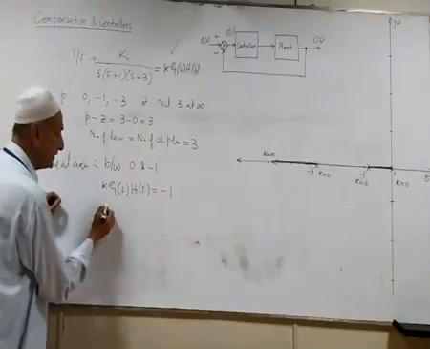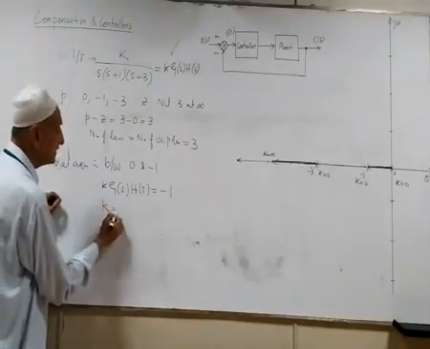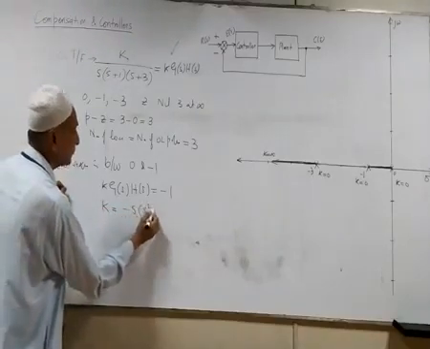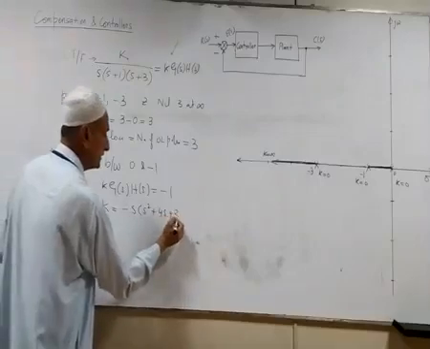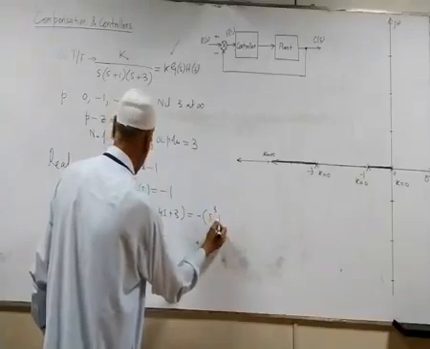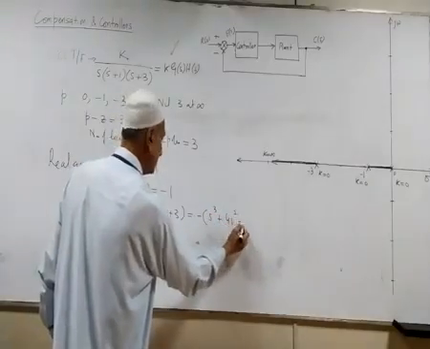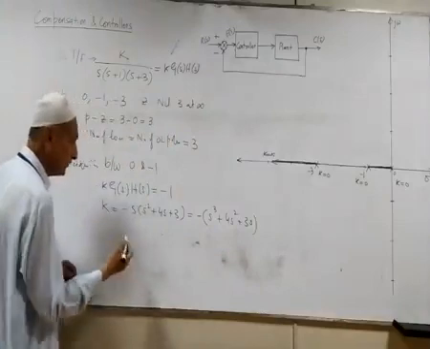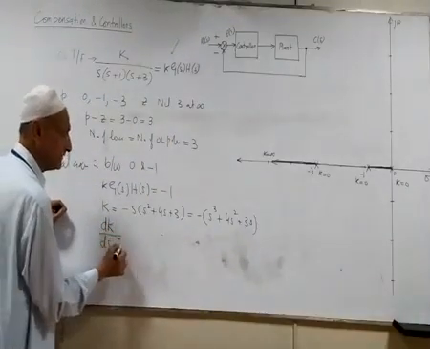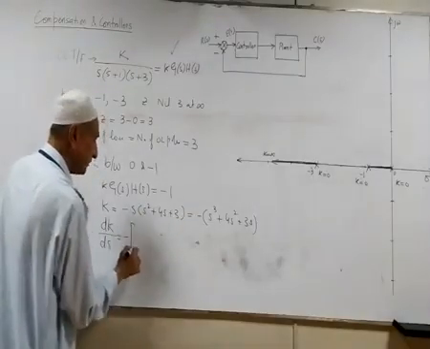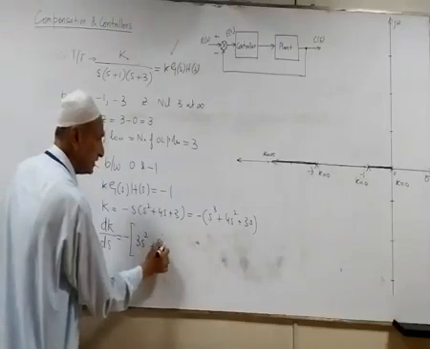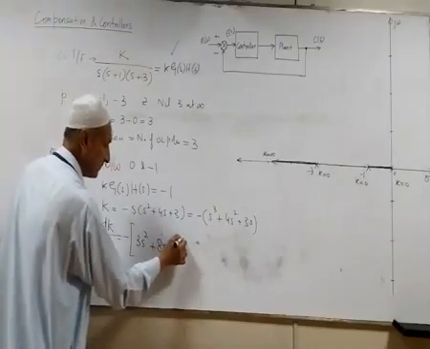So in fact we can say that K is equal to minus S into S square plus 4S plus 3, which is equal to minus S cube plus 4S square plus 3S. If we take the derivative with respect to S, this is equal to 3S square plus 8S plus 3.